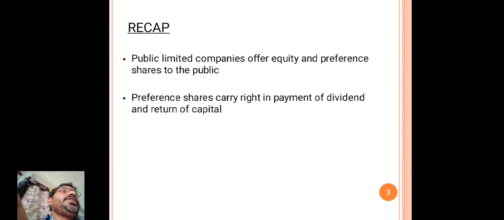What is a share? What are the features of shares? What is a share and what are the features of shares, and different types of shares.